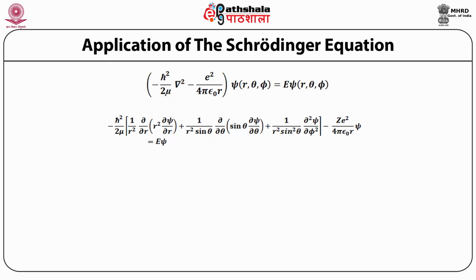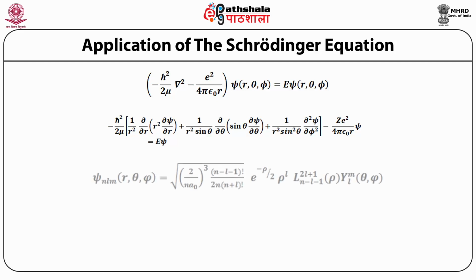So the solution of the above equation can be written as ψ_nlm(r, θ, φ) equal to square root of (2 by n a₀)³ multiplied by (n minus l minus 1)! in the numerator divided by 2n multiplied by (n plus l)!.